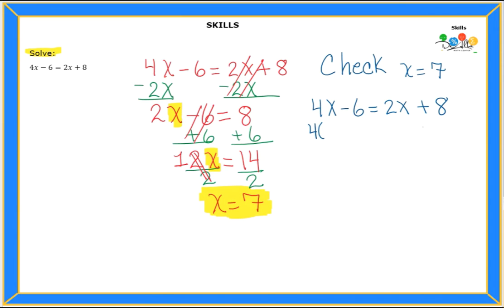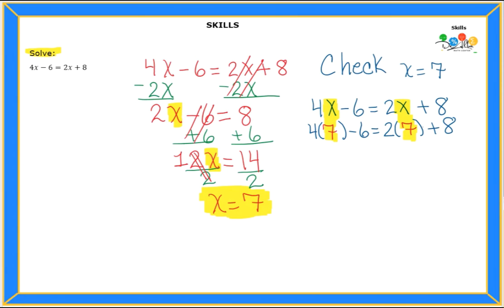I'm going to write it down again. Notice how I'm leaving parentheses, because in the parentheses, I am going to write down the value for x, which we found to be 7. So I'm going to write down a 7 right in my parentheses. So notice what I'm doing is I replace x with a 7, okay? Everything else stays the same, okay?